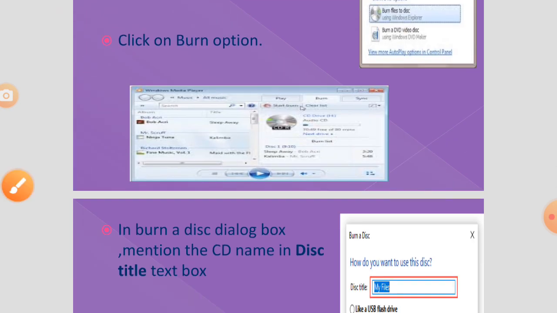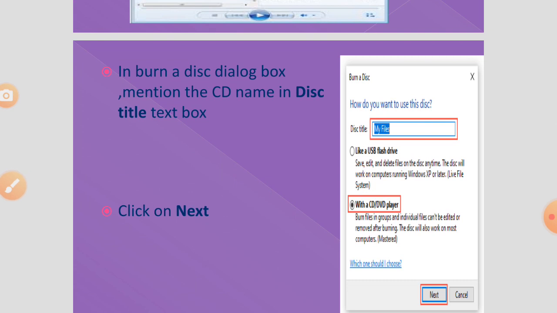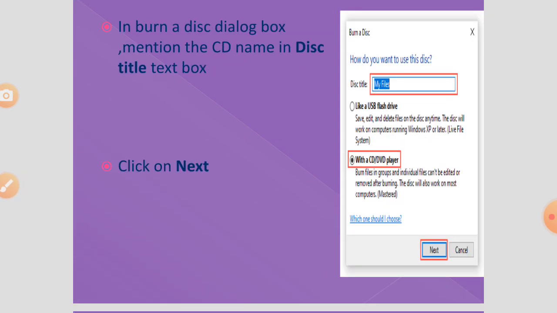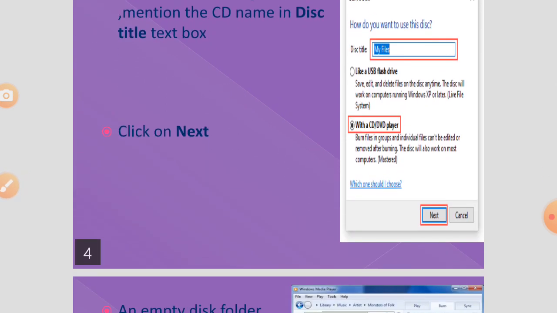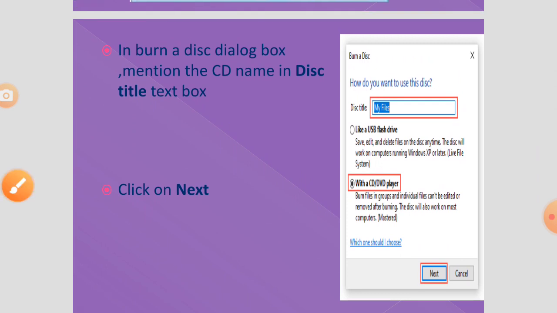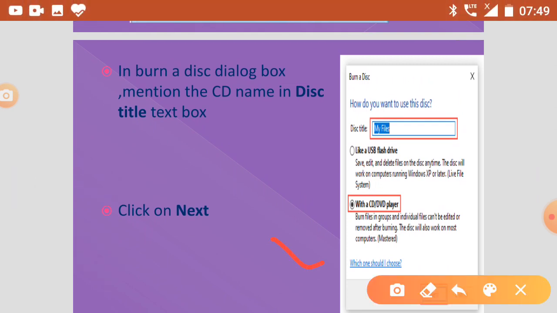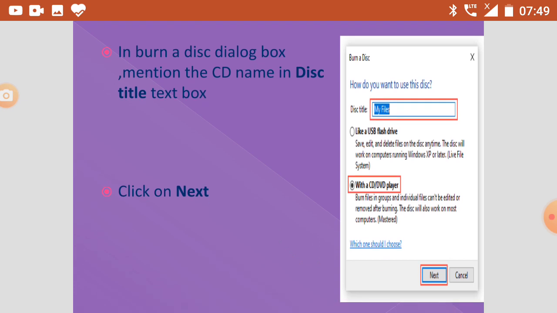When you click on burn CD, this type of dialog box will open. It will ask you for a file name. You can fill in your file name, and now click on the next option.